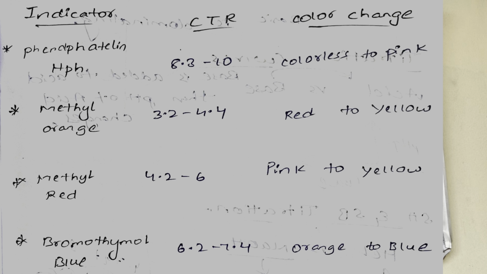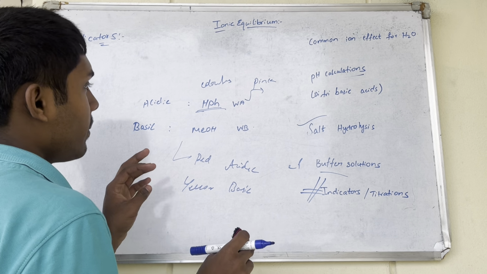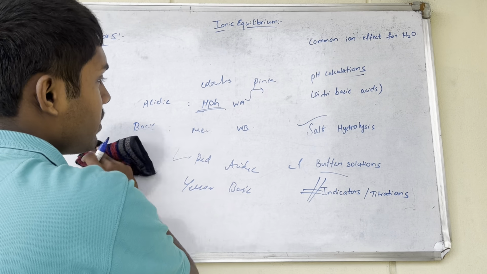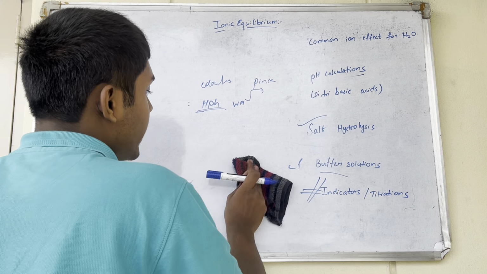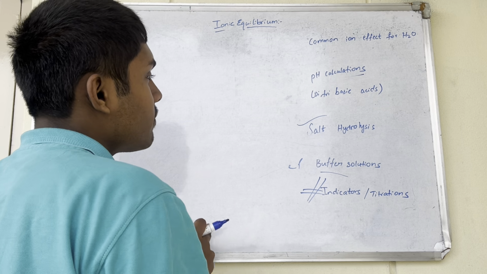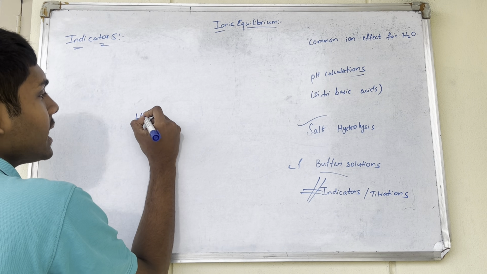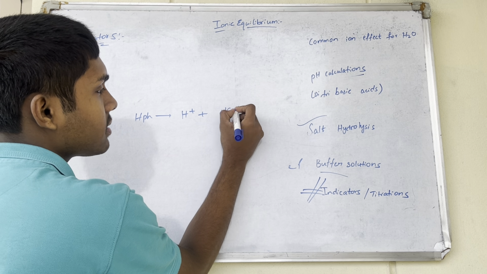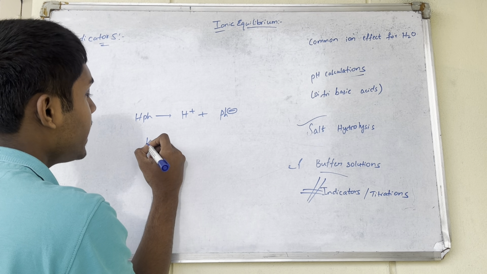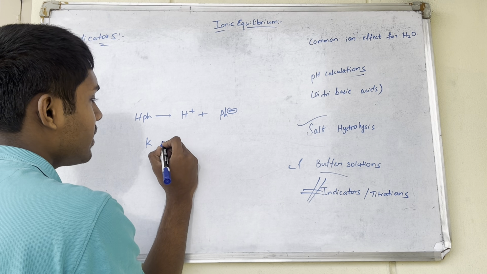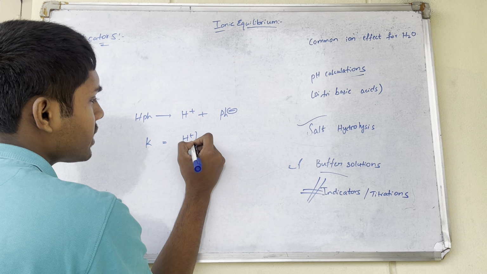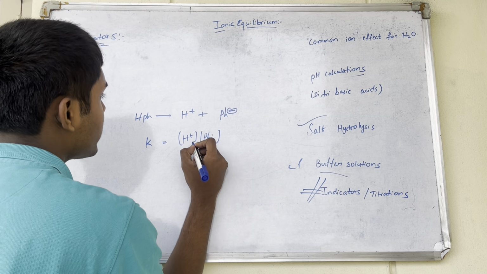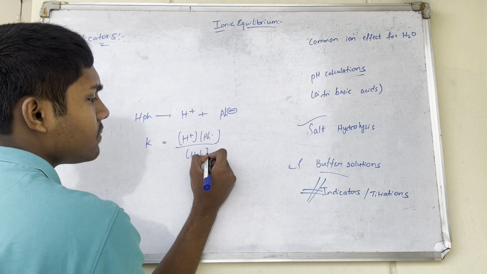Now come back to HPh. Let's take this example: we have phenolphthalein. If you add it into some solution, it will dissociate as H plus plus Ph minus, correct? If you write the equilibrium constant K, it is H plus concentration times Ph minus concentration divided by HPh concentration.